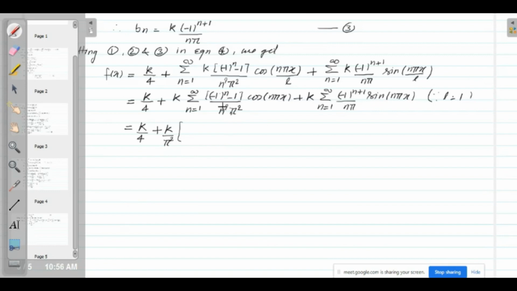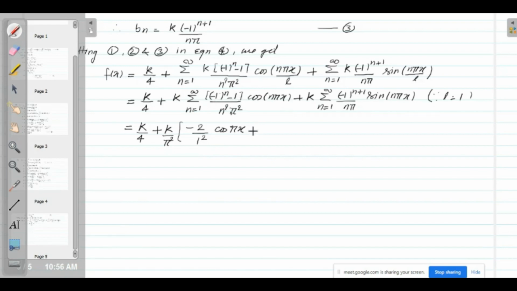So for n equal to 1 you will get minus 1 and minus 1, that is minus 2, 2 by 1 square, and cos, here instead of x we put 1, so this becomes cos pi x. And for n equal to 2, the square of a negative number is positive, this is plus, and this will be minus, and this will be 0.